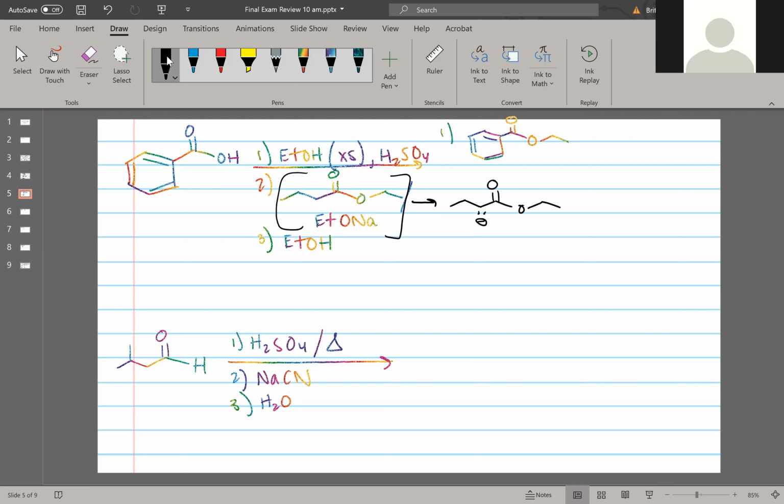Does it create the beta keto ester? Yeah, so this is a Claisen condensation. So we're going to make the beta keto ester. I'm just going to draw out the basic steps of the mechanism because I'm not sure we're all following at this point.